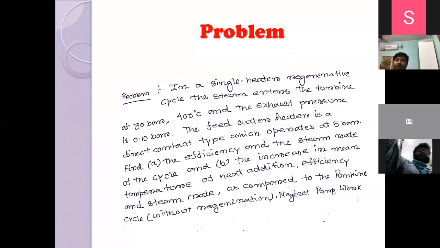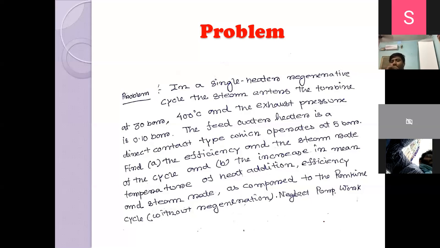The feed water heater is the direct contact type which operates at 5 bar. Find A, the efficiency and the steam rate of the cycle, and B, the increase in the mean temperature of heat addition, the efficiency and the steam rate as compared to the Rankine cycle without regeneration. Neglect the pump work.